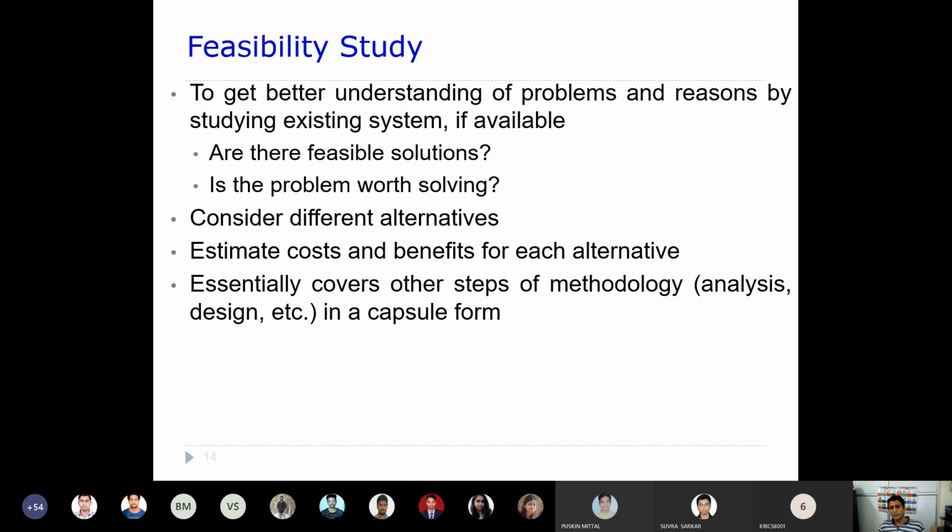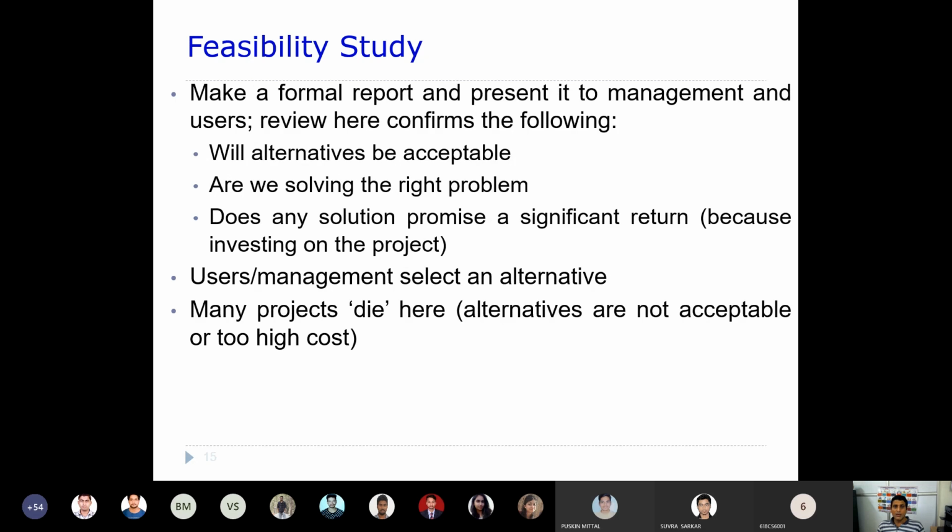It essentially covers other steps of the methodology also, in capsule form. That means when you are going through this cost and benefit calculation, you usually need to take into consideration the development methodology also, going through analysis, design, and then implementation. Whatever steps are part of that methodology should also be taken into consideration. Make a formal report and present it to management and users.